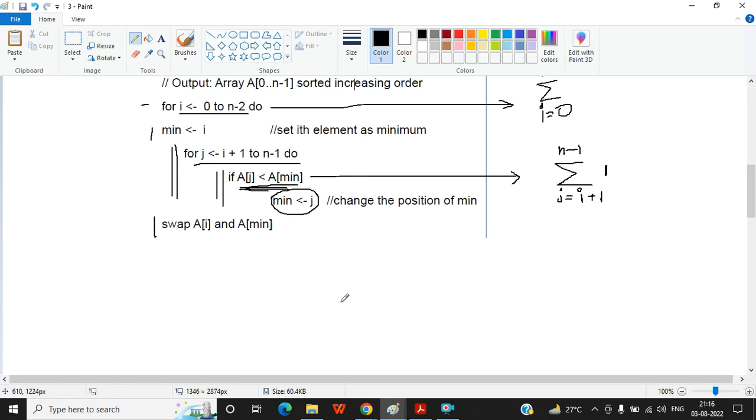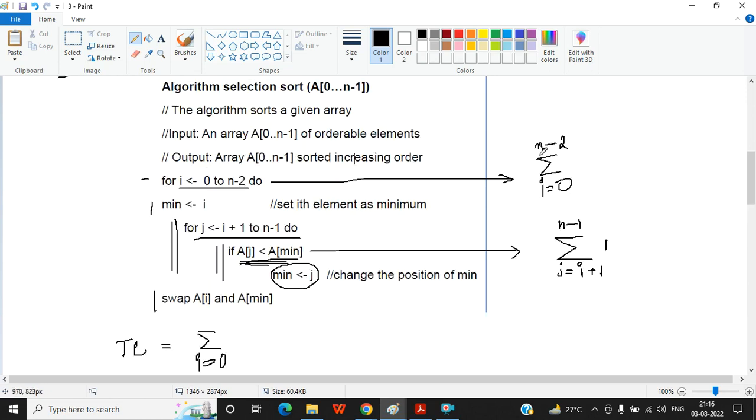Then what will be the time complexity? It will be the sum of i equal to 0 to n minus 1.